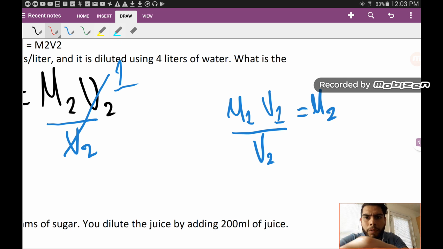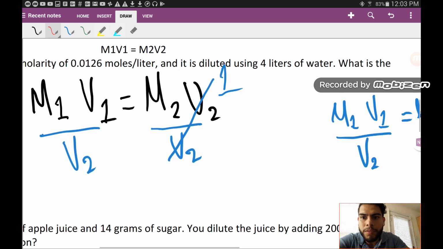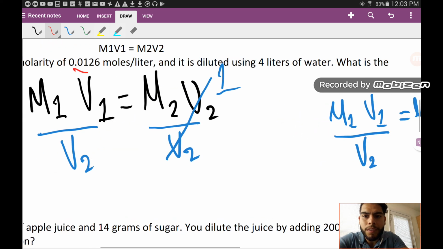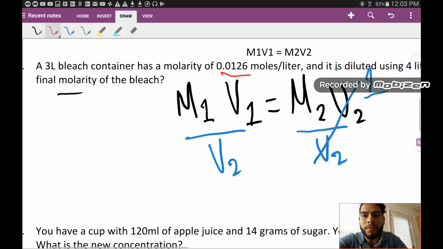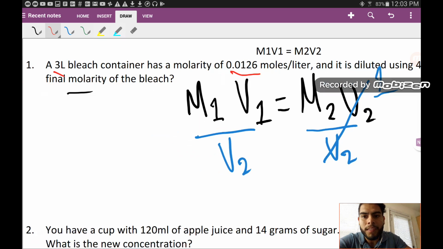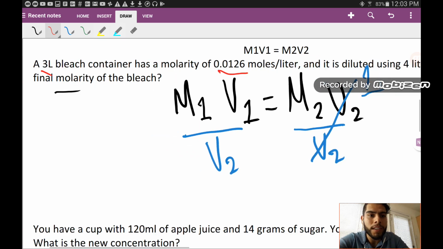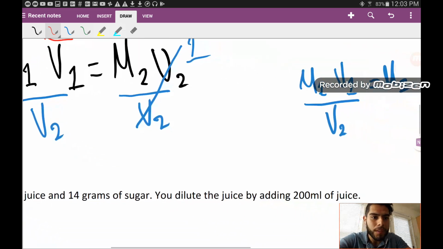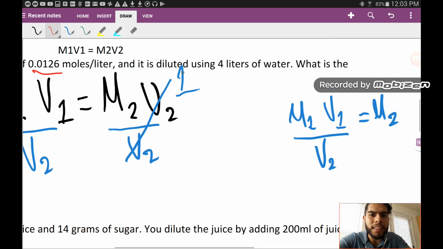So now we can just plug our numbers into our equation. The molarity 1 was equal to 0.126 moles per liter. And we're starting with a volume of 3 liters. So that's volume 1. And then it's telling us that it's diluted using 4 liters of water. So our final volume is going to be the initial volume, the 3 liters, plus the 4 liters, which equals 7.